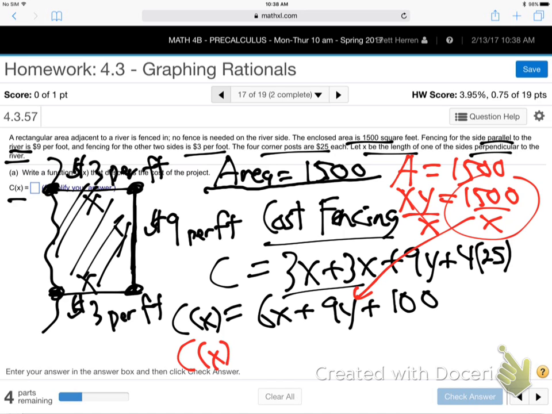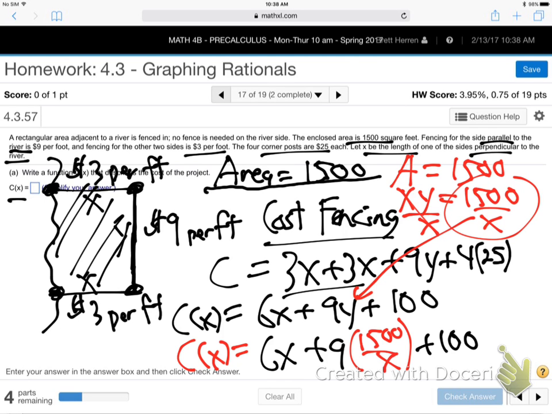Plug that in for Y. So the cost function will now be 6X plus 9 times 1,500 over X, plus 100. Does that make sense? X is the only letter now.